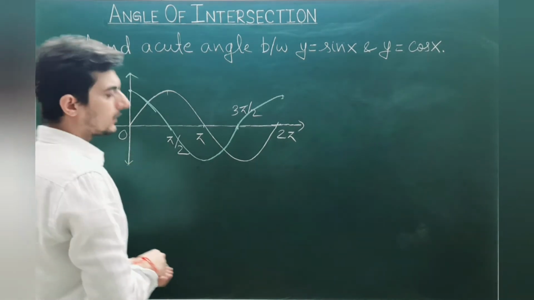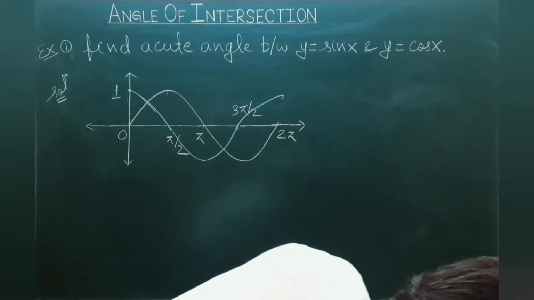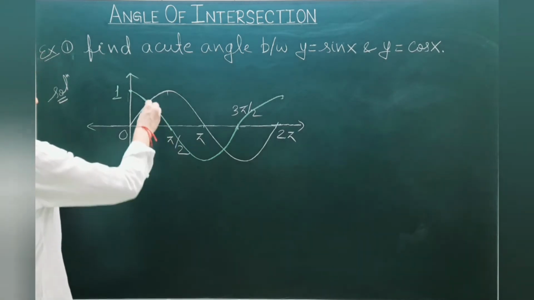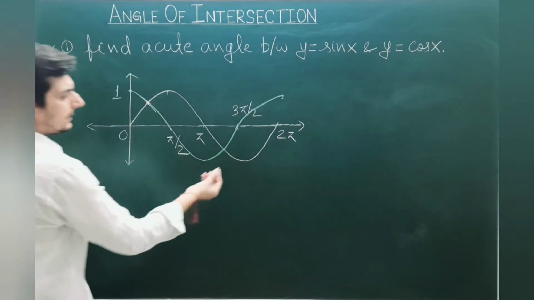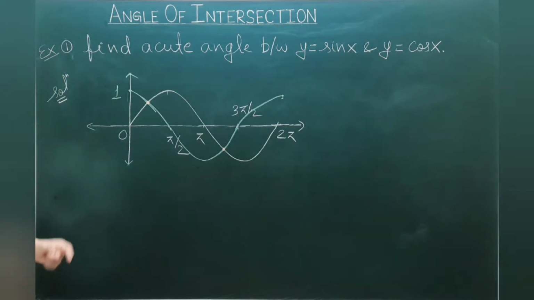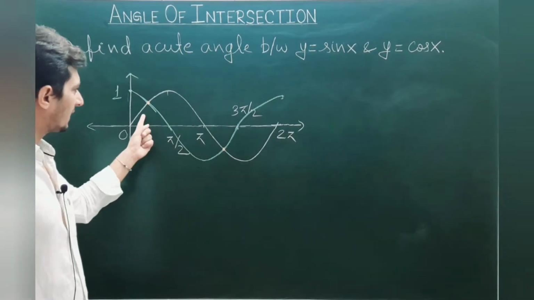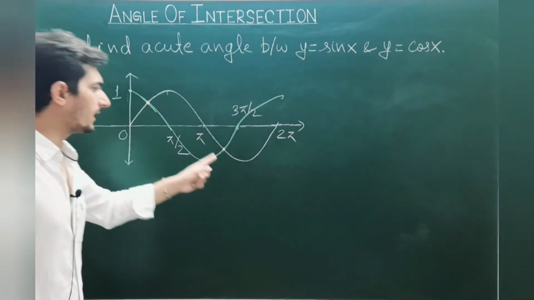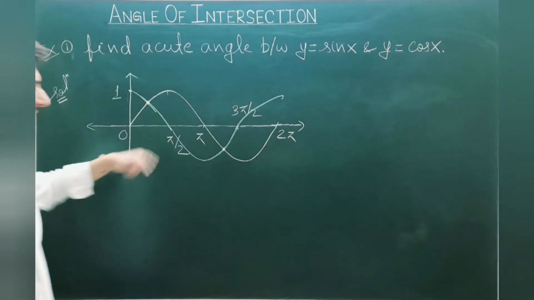So clearly you can see that they are intersecting in the first quadrant and in the third quadrant, right? So I don't know whether the angle of intersection here and here is the same or different. Let's find out.